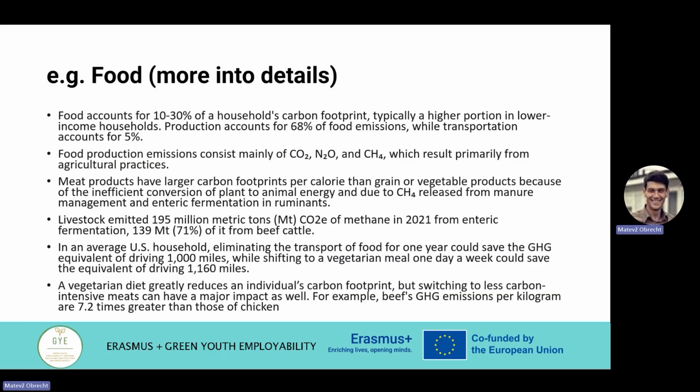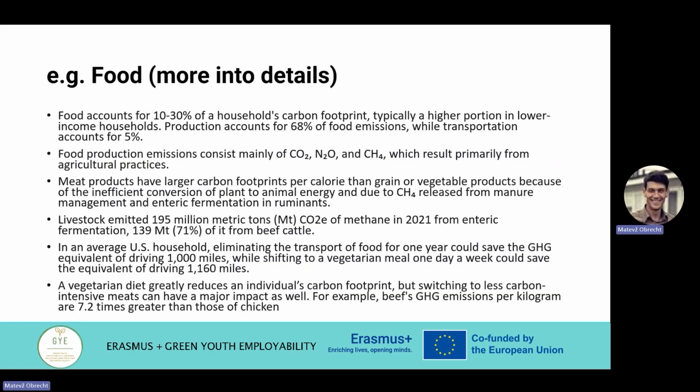We found out now that meat products have larger carbon footprints per calorie than plant-based products. The main contributor is livestock, which emitted 195 million metric tons of CO2 equivalent of methane, so quite a lot. The majority, like I mentioned before, 71%, is from beef cattle. So even if you replace the type of meat, you can do a lot.